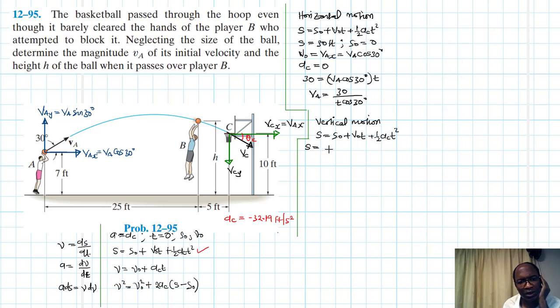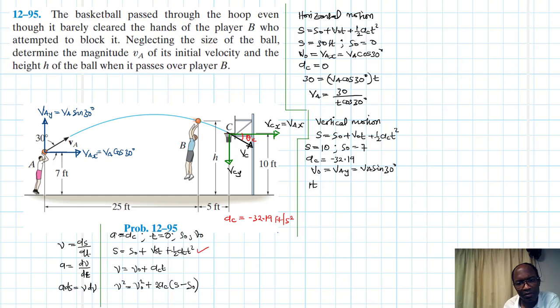Our s in our case is equal to 10, our s naught is equal to 7, and our a_c is equal to minus 32.19. Then we have our v naught, which is equal to VAY, and this is equal to VA sine 30.